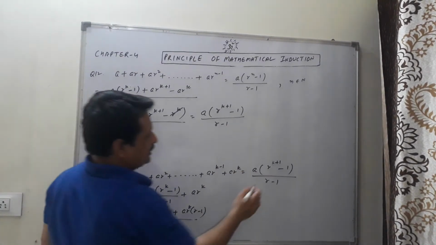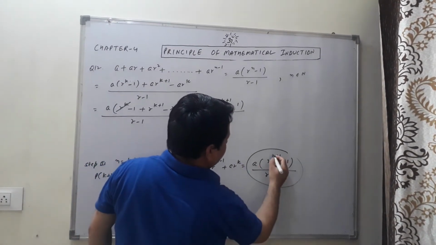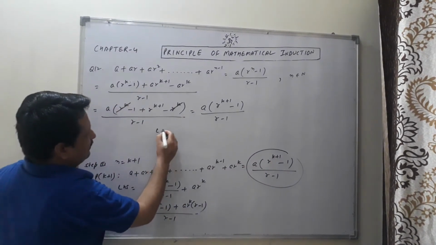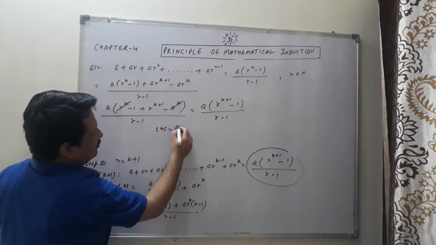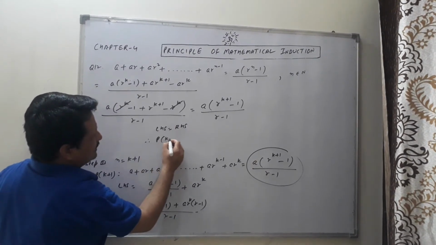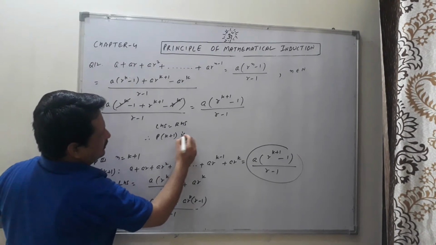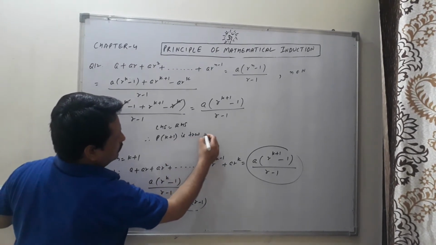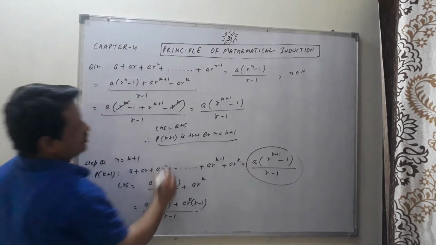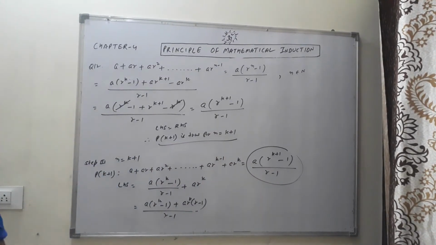If you see, students, this is your right hand side, this is your left hand side. So we can say that left hand side equals right hand side. Therefore P of k plus 1 is true for n equal to k plus 1.